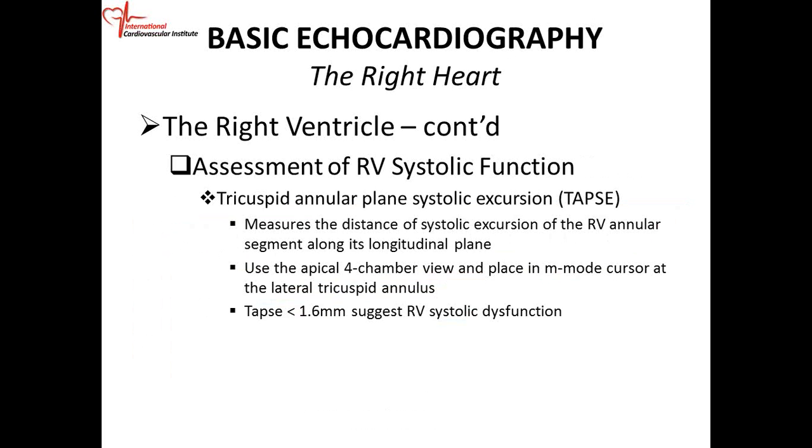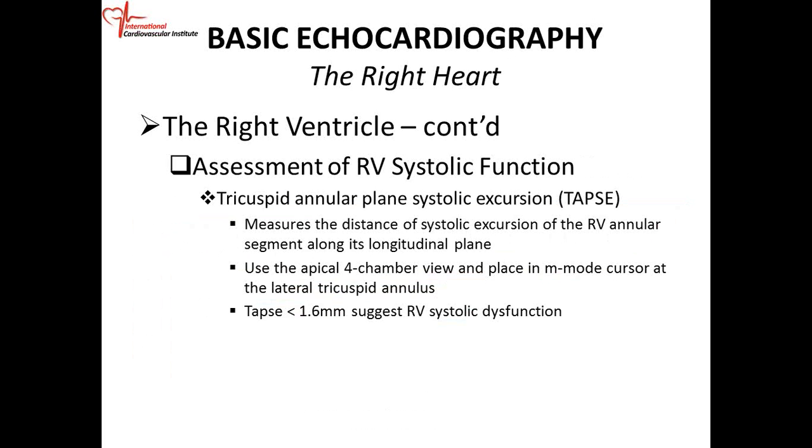Again, it's supposed to move up a certain distance. If it's not moving a certain distance, it suggests that the RV systolic function is reduced. The RV is a little bit different from the LV in that most of the RV, when it contracts, moves up and down.